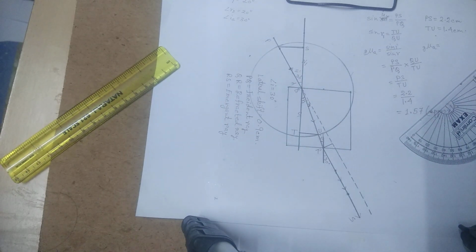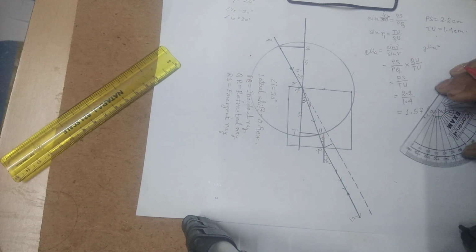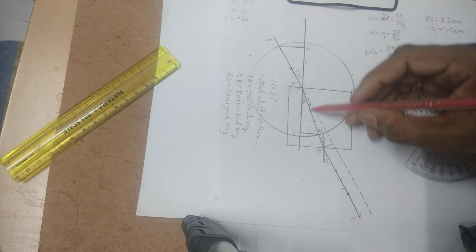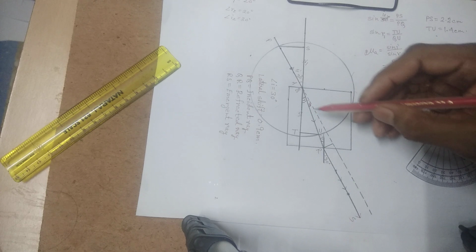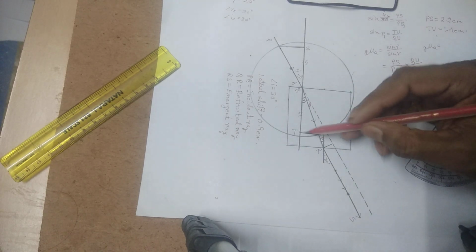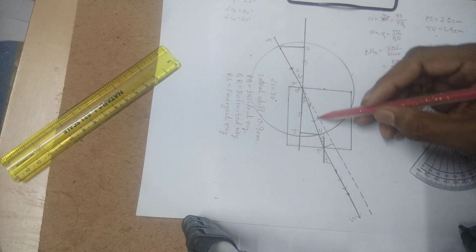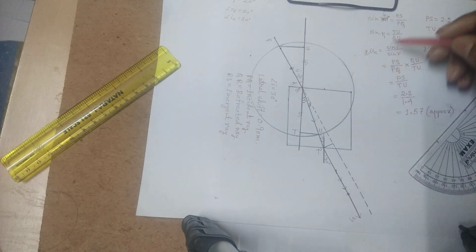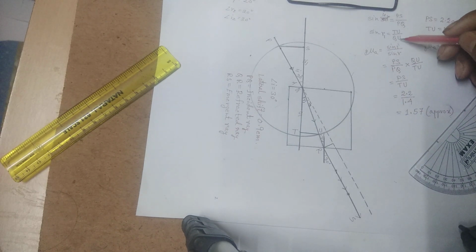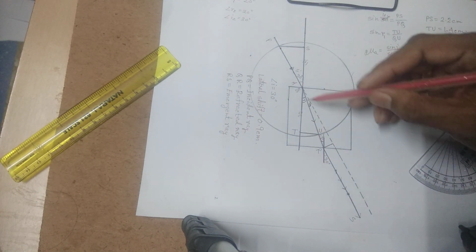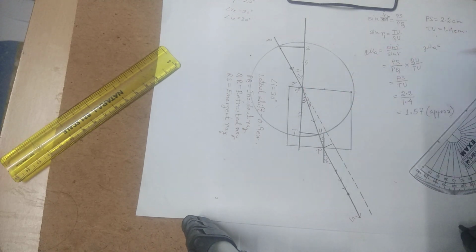We'll find sin R1. Sin R1 is perpendicular by hypotenuse. Perpendicular is TU and hypotenuse is QU, right? Therefore, sin R1 is TU by QU, right?